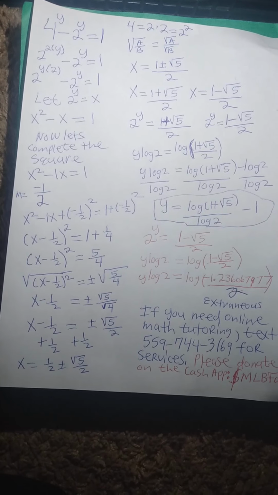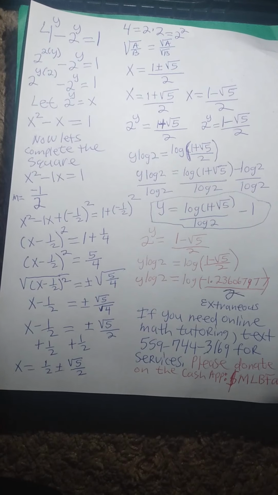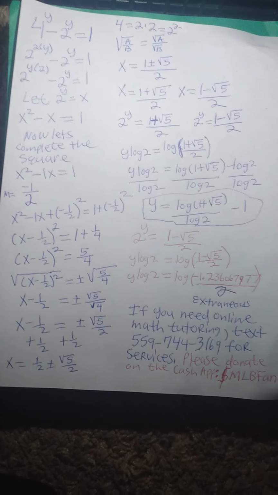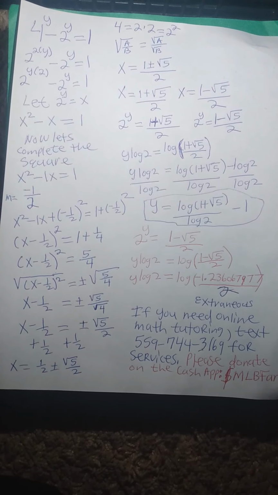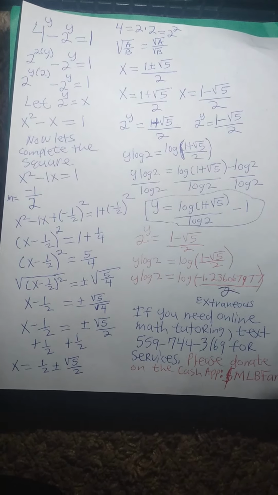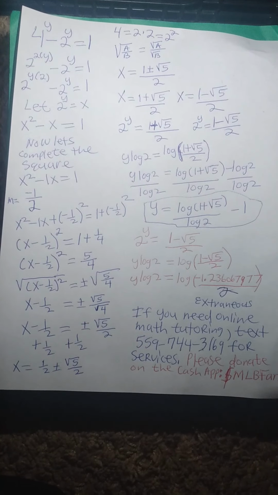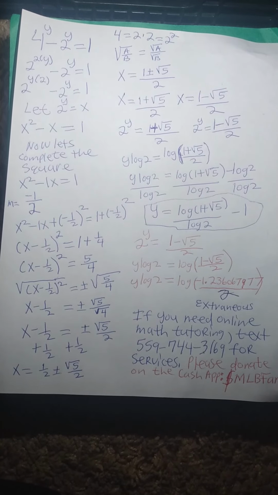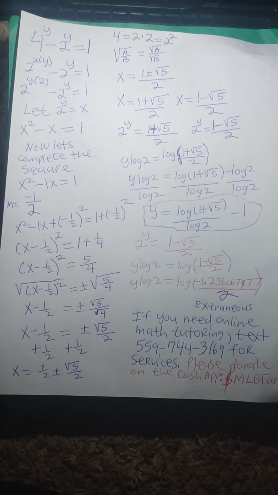Then we need to add 1/2 to both sides, and we will obtain x is equal to 1/2 plus or minus the square root of 5 divided by 2. And we bring this together to obtain x is equal to 1 plus or minus the square root of 5, all divided by 2. And we split this up as x equals 1 plus the square root of 5 divided by 2, and x is equal to 1 minus the square root of 5 divided by 2.